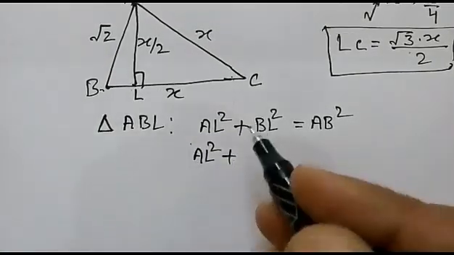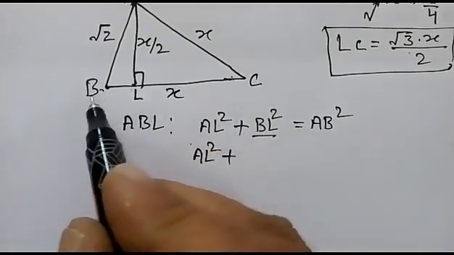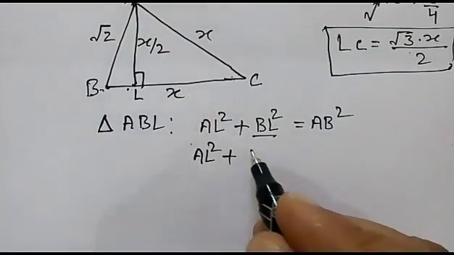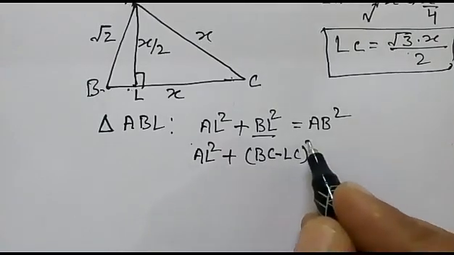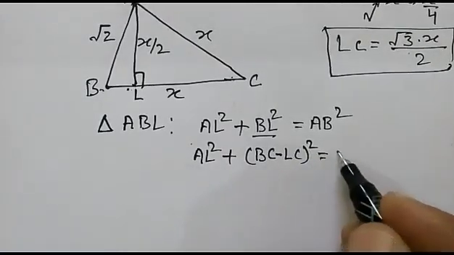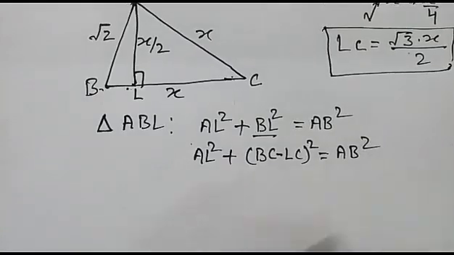AL square plus BL, which will be BC minus LC, square, right? Is equal to AB square.